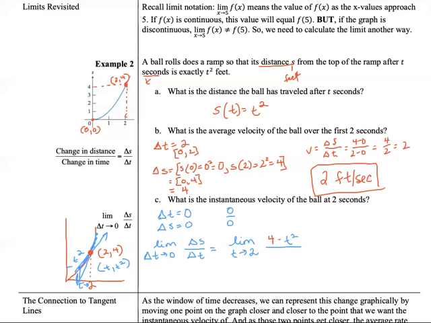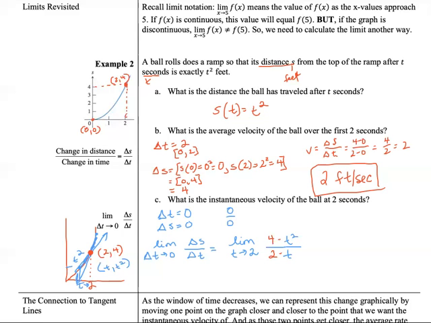Divided by, how about my change in time? Well, I'm looking at the distance from 2 to whatever time, t. So if I'm looking at this, now I have only one variable, and that variable is time. And the goal is to get time as close to my end point as possible, as close to 2 seconds as possible.